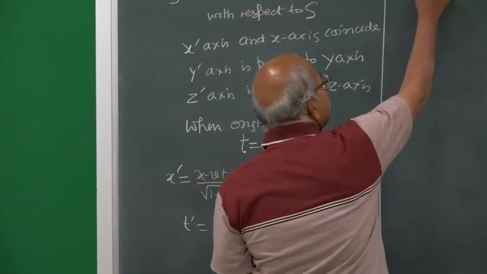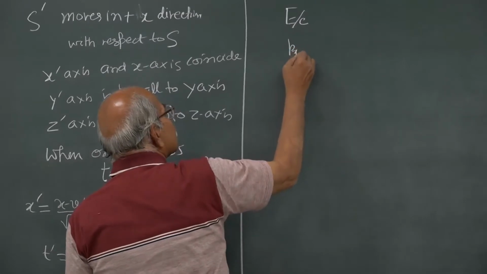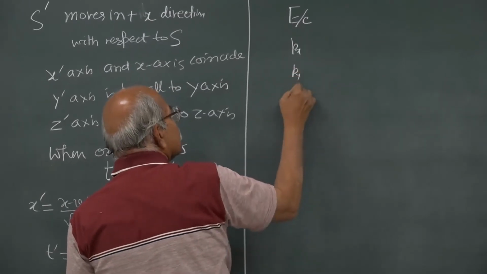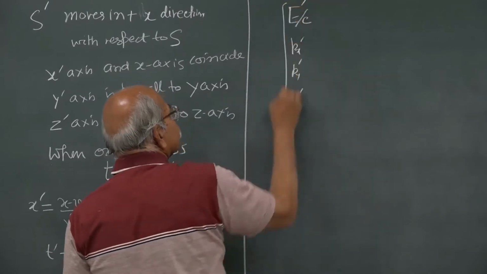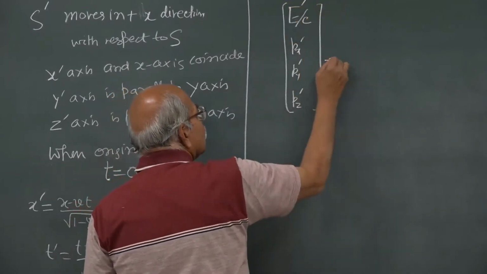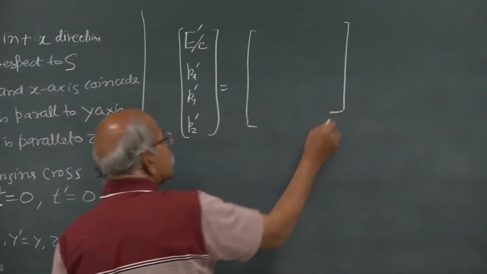If we have E by c, Px, Py, Pz, and the primed ones, you will have a transformation matrix.